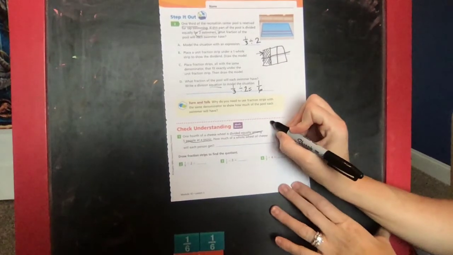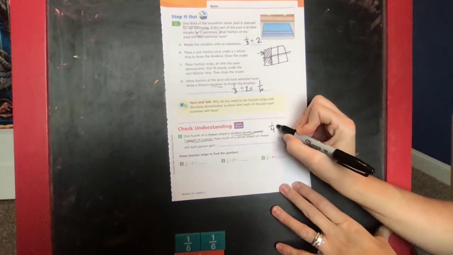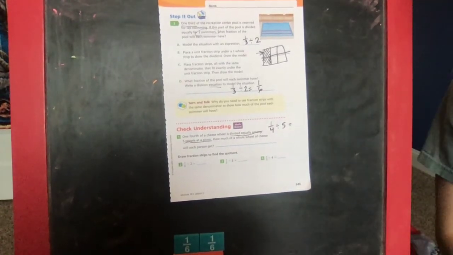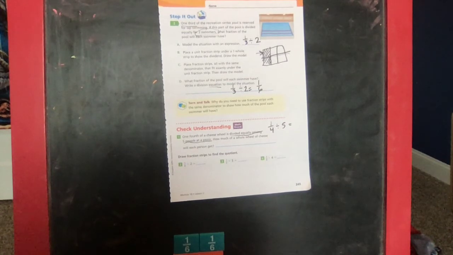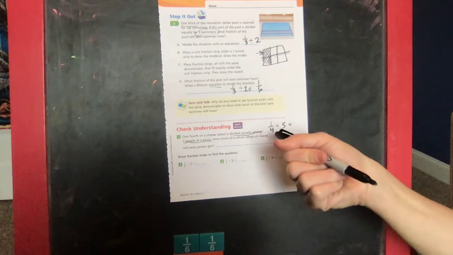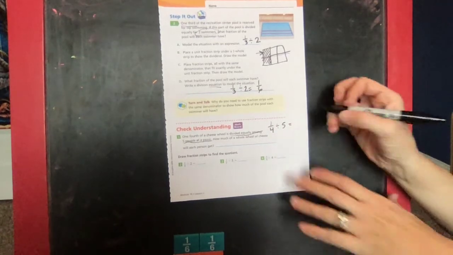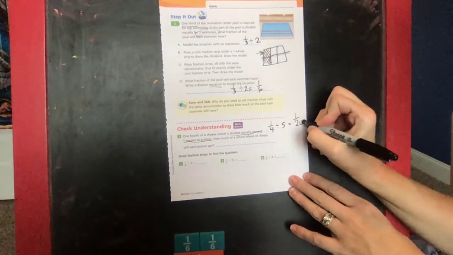So let's think about it. If I have 1/4 and I divide it in 5 parts, would it make sense that everybody's going to get 20 pieces of cheese? The whole number 20? No, I didn't even have that. I only had a 1/4. If I'm dividing that 1/4 into 5 parts, that'd be 1/20.